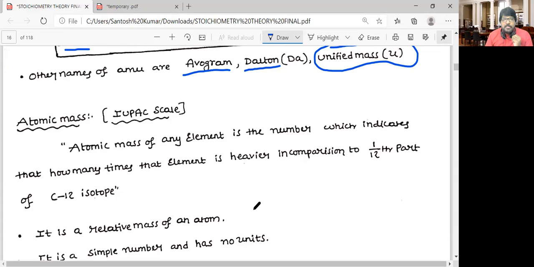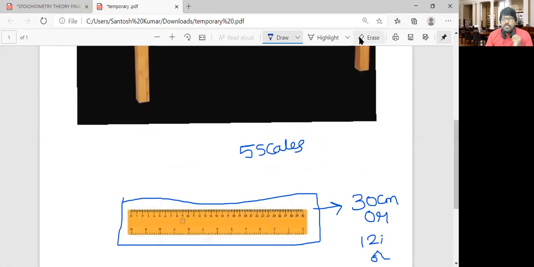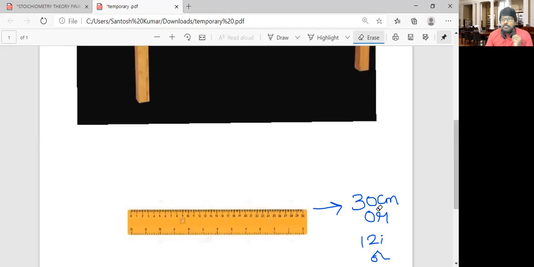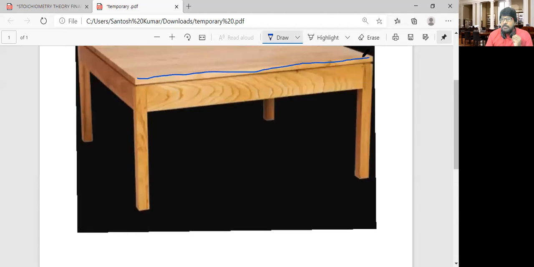So let us understand this particular definition again with this example, because giving clarity is important for me. I may take some time, but you should get the complete clarity. Here, you are measuring the length of this table.